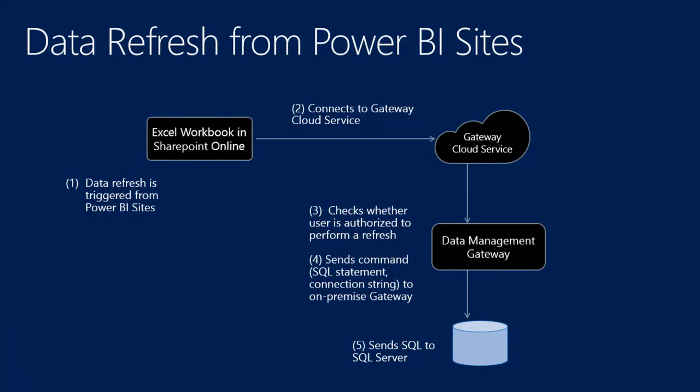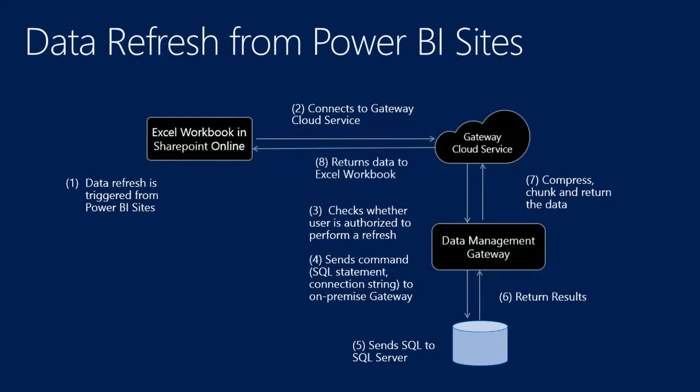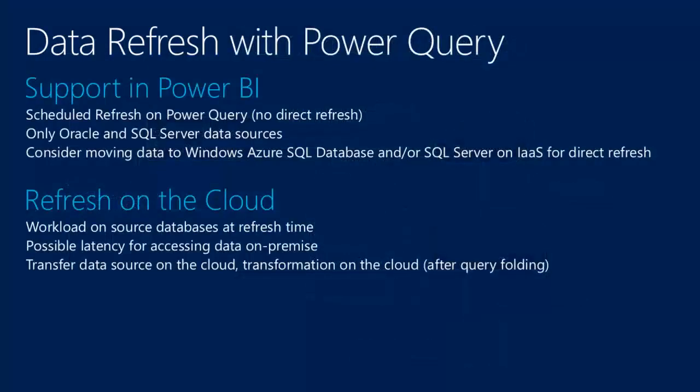Now, SQL Server could have our linked server that executes an Integration Services package and returns results. The data are compressed, so they are moved outside of the Data Management Gateway in a compressed way. And finally, the workbook in SharePoint Online is updated. So this is the flow of what happens every time a refresh is requested.